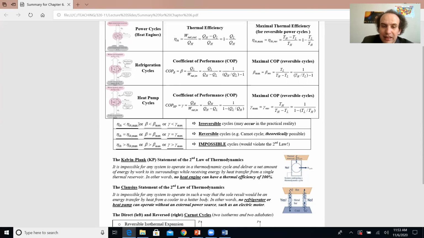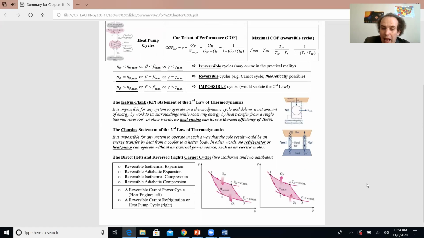If your parameter is less than maximal, then it's irreversible. It may occur in practice. That's what typically happens. If your parameter is equal to maximal, it means that you deal with reversible cycles. Theoretically, it's possible. If your parameter, let it be eta, beta, or gamma, it does not matter, is larger than maximal, it's impossible. It violates the second law. And I request you to remember the Carnot cycle.